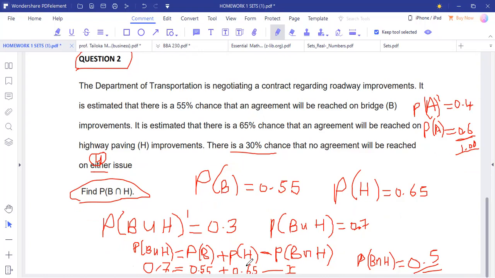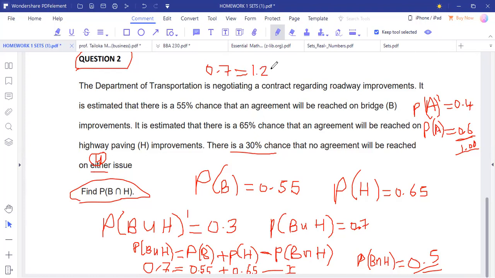Just add 0.55 plus 0.65. What are we getting? It's giving us 1.2. So meaning 0.7 is equal to 1.2. I'm sure you know where 1.2 is coming from, not so? Yes.